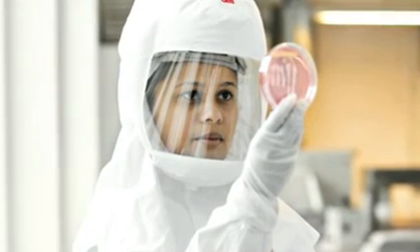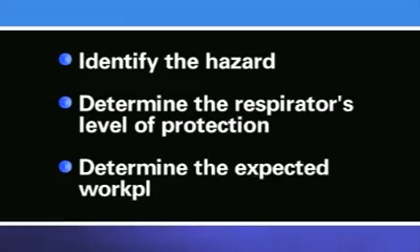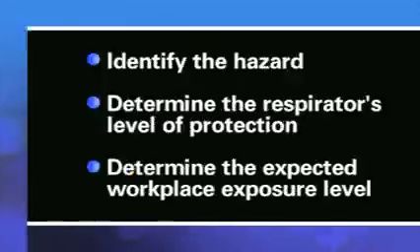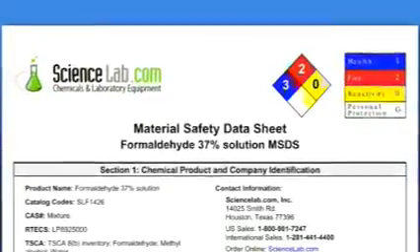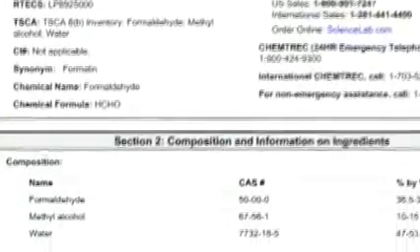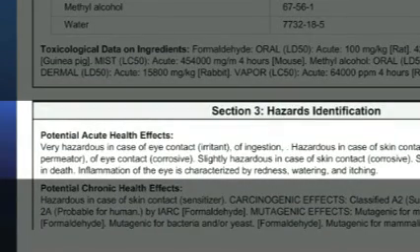So, when your employer selects respirators, they must first identify the hazard and then consider these two factors: the respirator's level of protection and the expected workplace exposure level. Your employer must also consider whether the hazard has any additional characteristics that may affect the type of respirator selected. For example, does the hazard irritate the eyes?